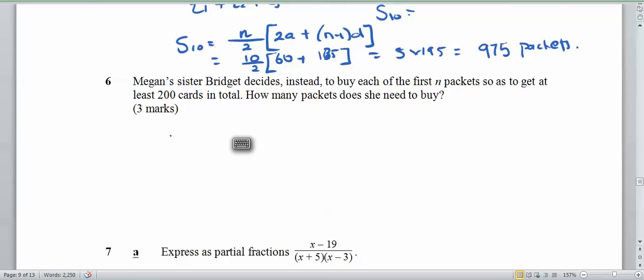Well, we don't know what N is equal to, but let's let it equal 200, and then we find that value for N, and then we can work out whether she needs to buy an extra packet or not. So for example, if N was equal to 13.2, then she would have to buy 14 packets.